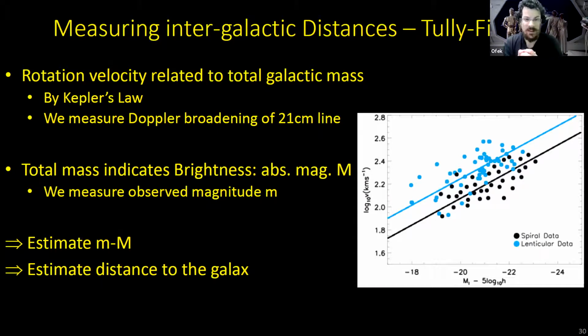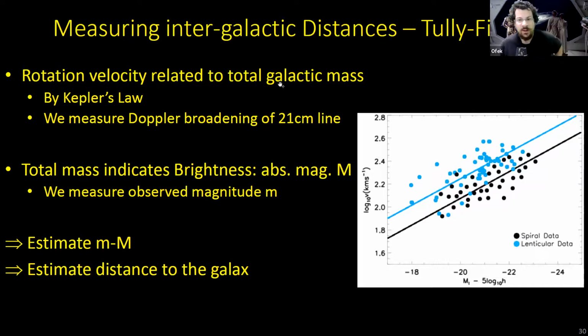That is, what is the velocity difference between the part of the galaxy rotating away from us and rotating towards us. And so we can know the distance from the center of the galaxy and the velocity of the rotation. And the velocity of the galactic disk will give us a hint about the total mass of the galaxy.